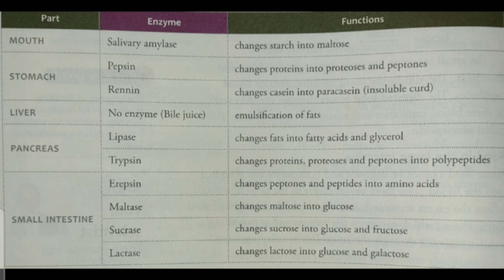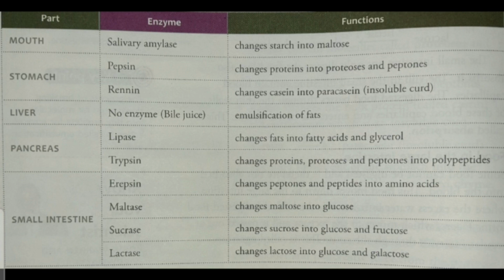Paracasein is an insoluble curd actually. So these are the things that happen in the stomach. In the stomach HCl is also secreted, and the function of HCl is to break down the food properly and make it into small pieces, mainly the carbohydrates, and sometimes the fat droplets are also acted on by this HCl.